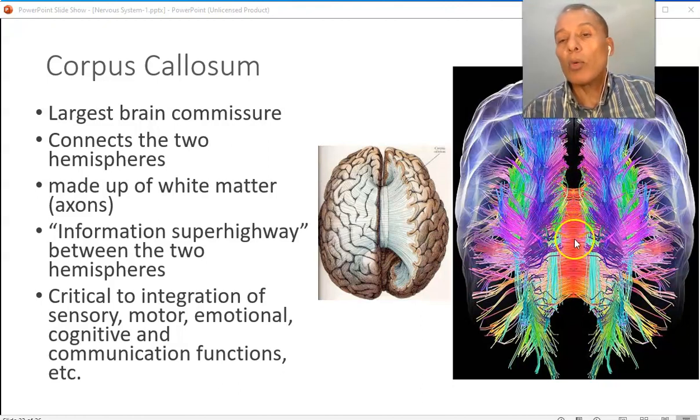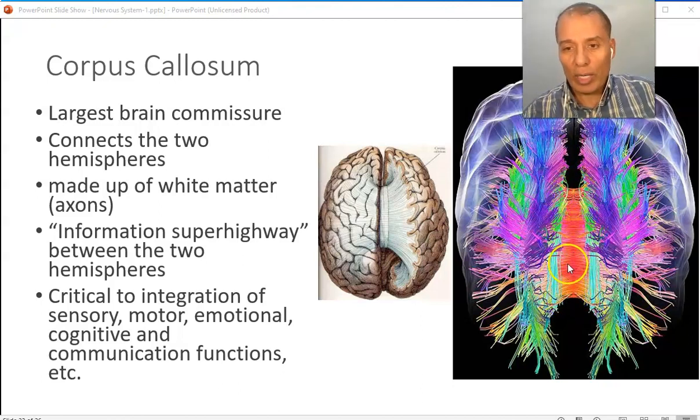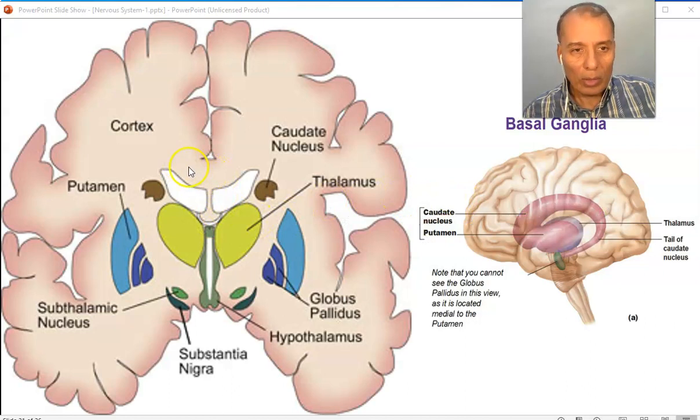When there's a highway like this in the brain, a major connection area, we call it a commissure. So this is the largest commissure in the brain. This is a longitudinal view of it, and you can see it here. Here you see a transverse, coronal view.